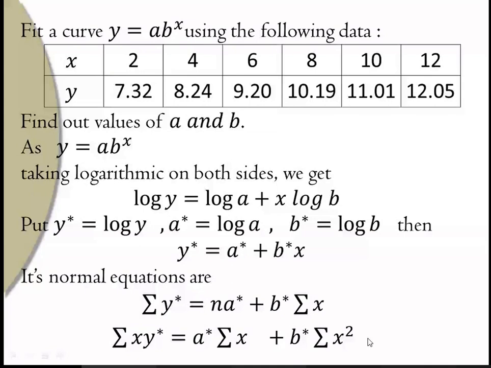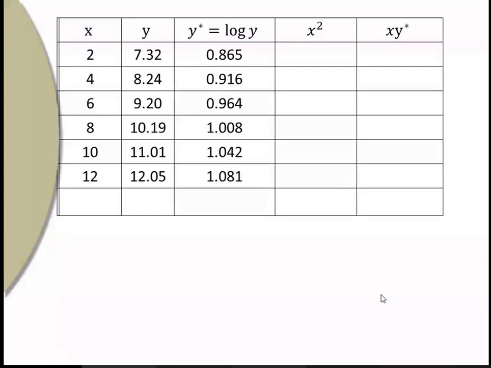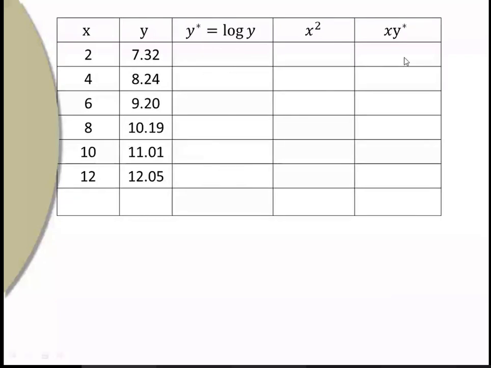Depending on these two equations, we have to decide which columns we want. So accordingly, we prepare the table. Take the values of x, y, make an extra column of y star, and y star is nothing but log y. So find the log of each term, then x y star, and x square. So these three columns we have to make.